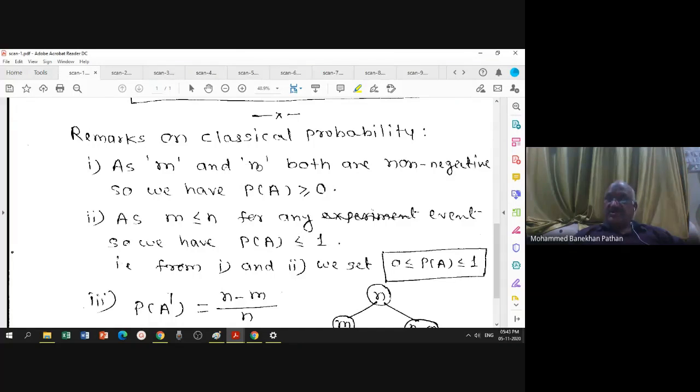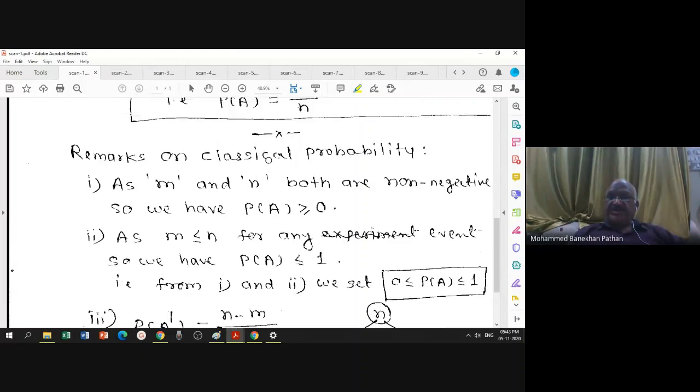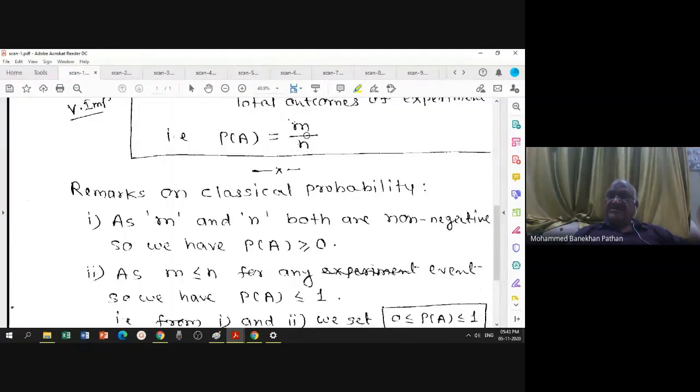Answer is no. Because n indicate total outcomes of the experiment. When you perform any experiment, it has minimum one outcome. So denominator of this definition is never 0. Numerator may be 0.